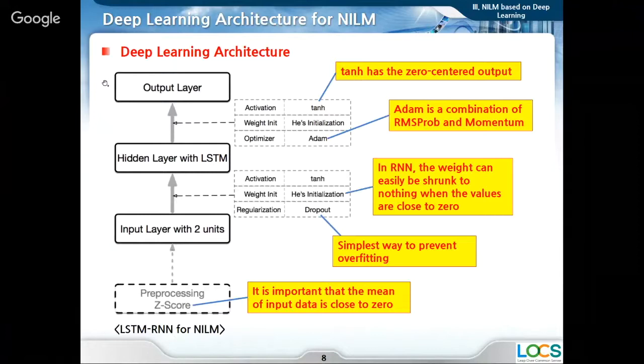For example, the activation is hyperbolic tangent, the weight initialization method is Xavier initialization, we use the Adam optimizer, and the regularization is dropout. And before inputting the power signals, we have to normalize the input data. So the pre-processing method is Z-score.